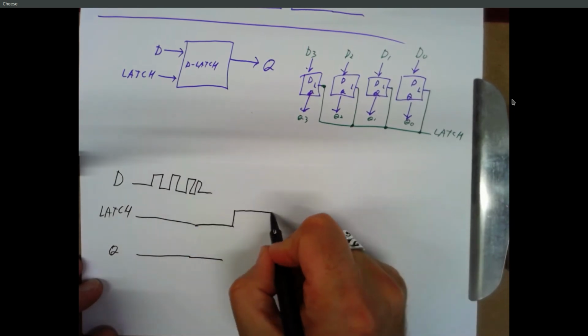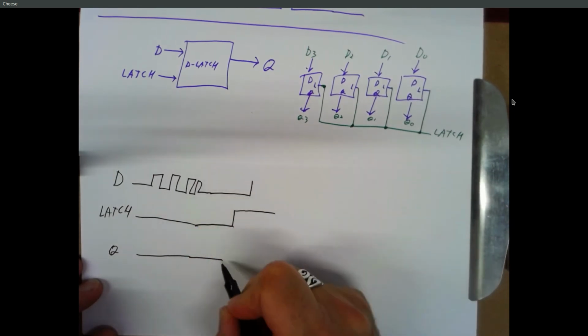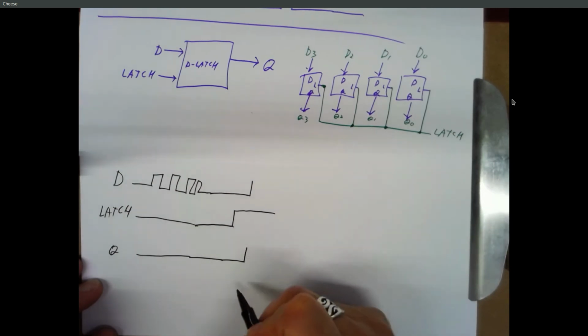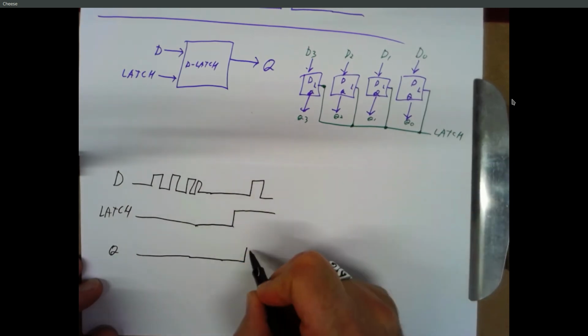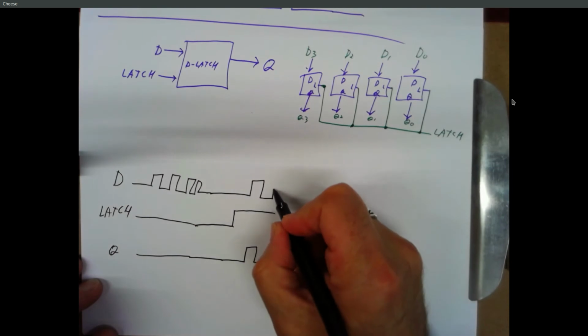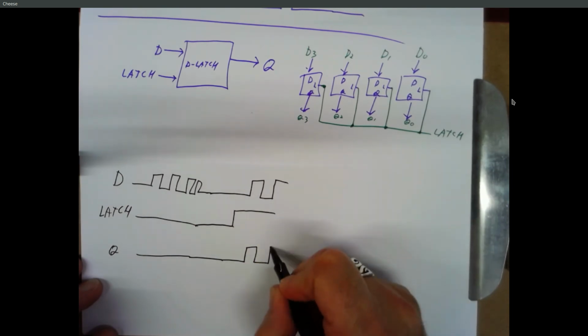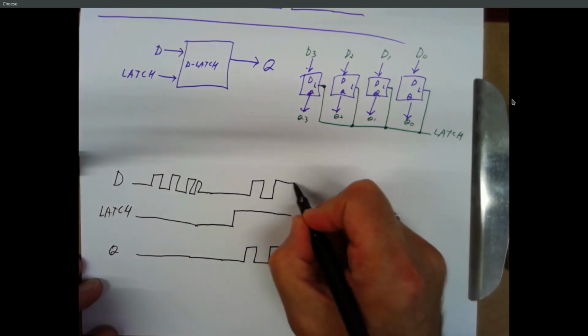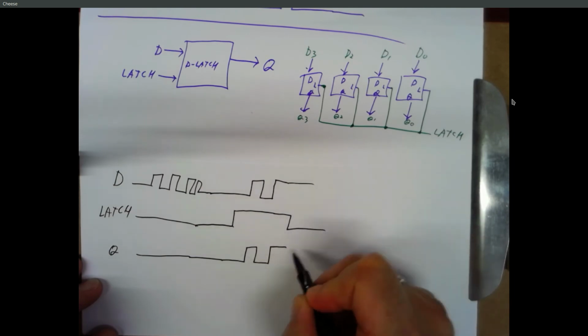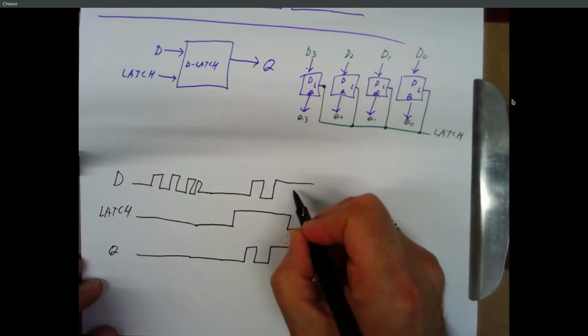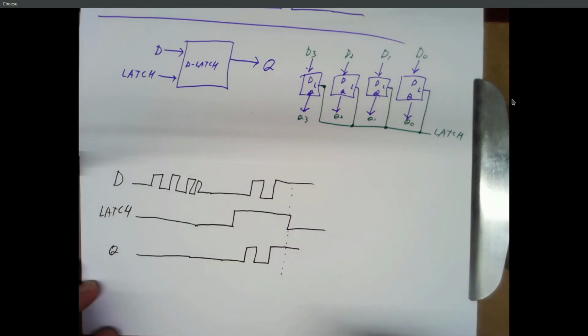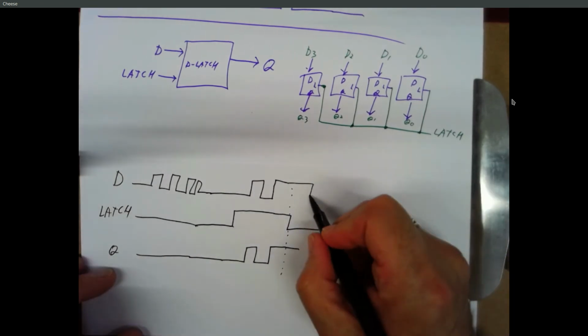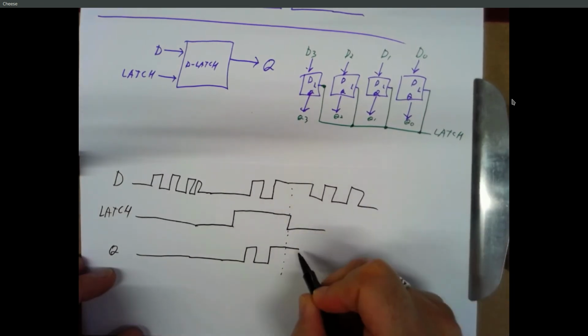At some point the latch goes to a 1. If D rises up, Q will rise up. If D drops again, Q will drop again. But at the point where the latch drops, that value of D is now latched into the device. And if D changes over here, again, it completely ignores that.